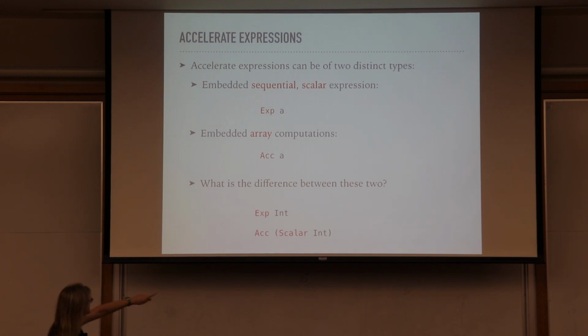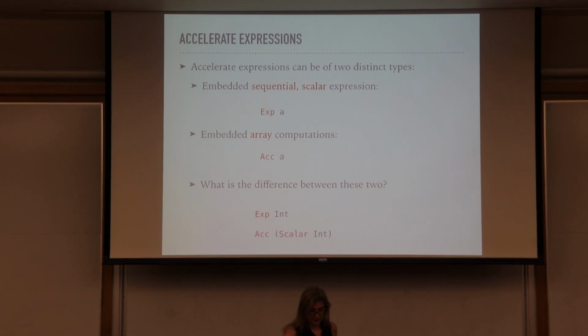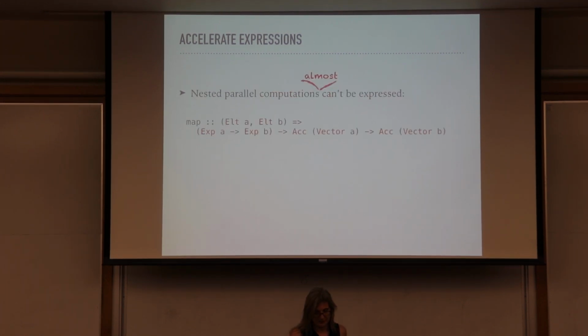But the difference is that this is in general a parallel computation which returns one integer value, whereas this is a sequential operation. This makes sure that, because on the architectures we're compiling for at the moment we can't express nested parallel computations, we want to make them not expressible.